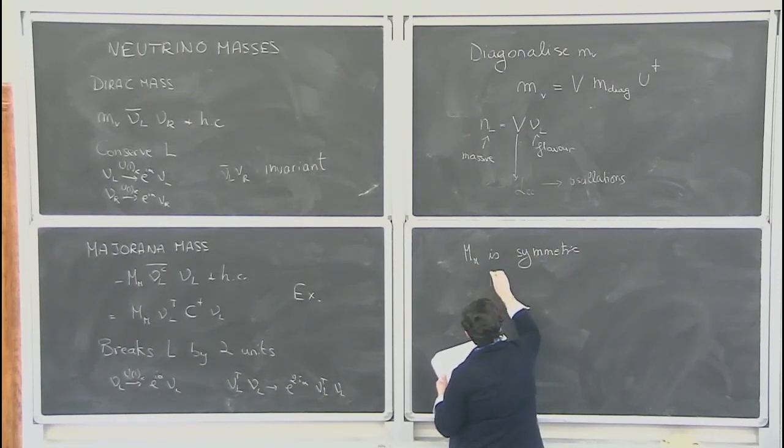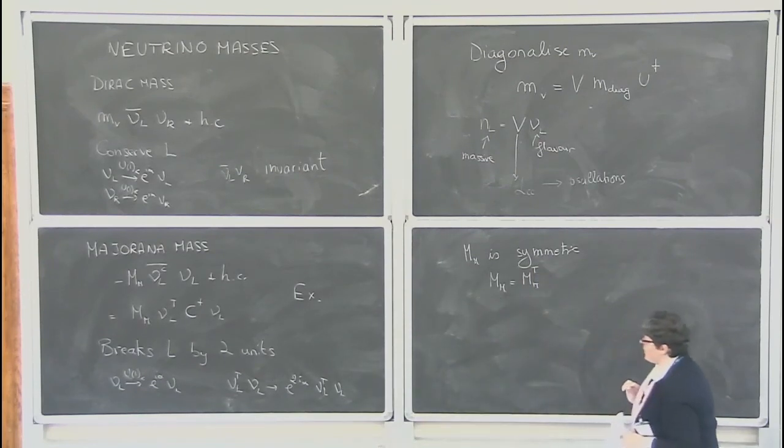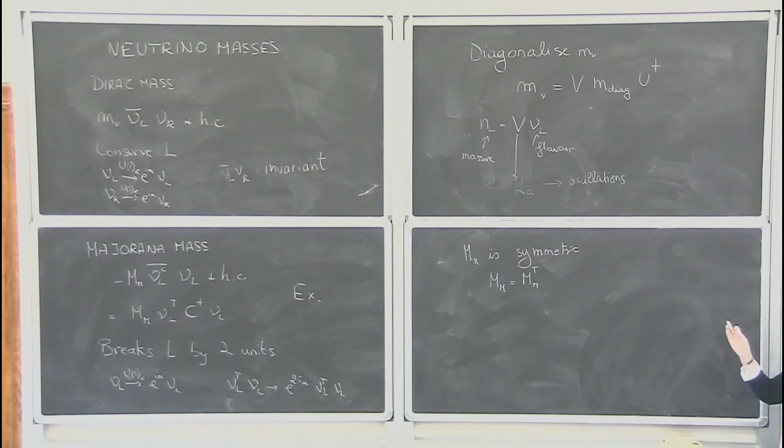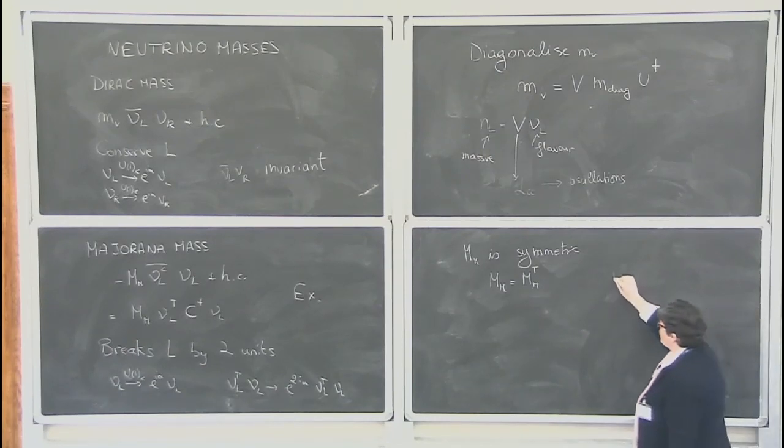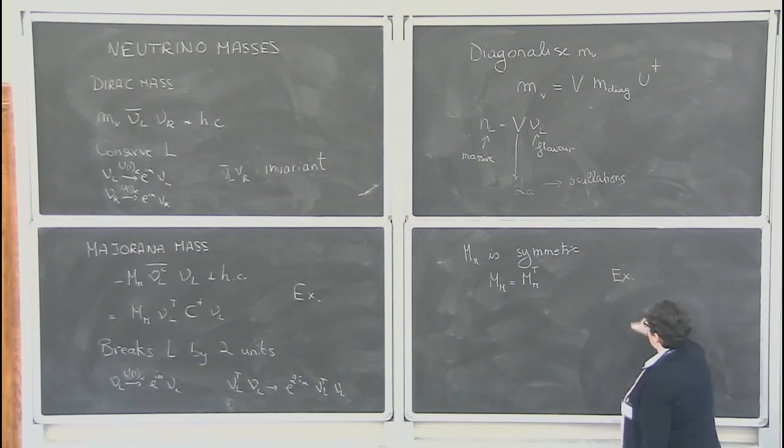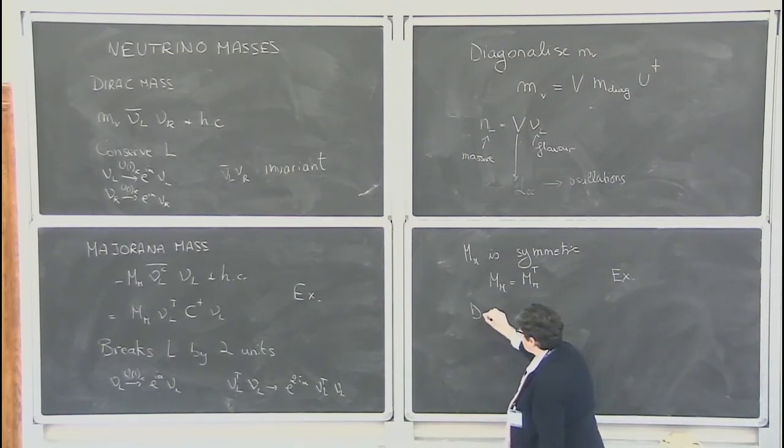You can show that M is equal to M transpose. This is an important property because it will determine how I diagonalize this, and again, I leave it to you as an exercise to carry out. And because it is symmetric, now I just need one matrix to diagonalize it.